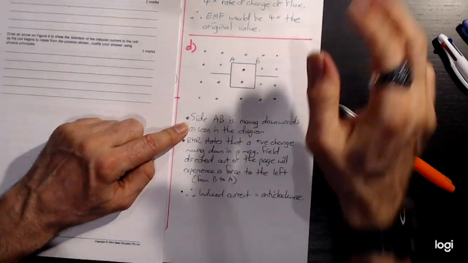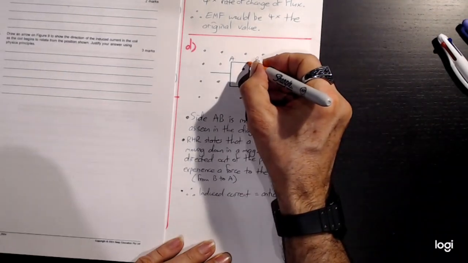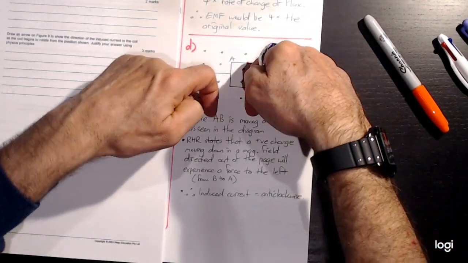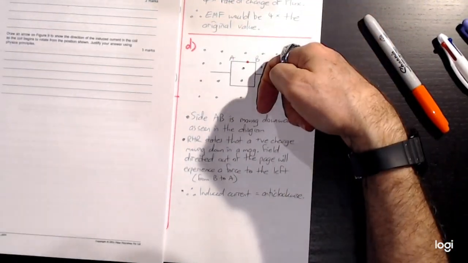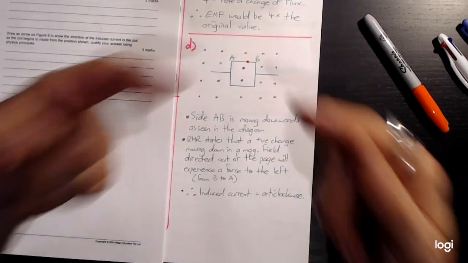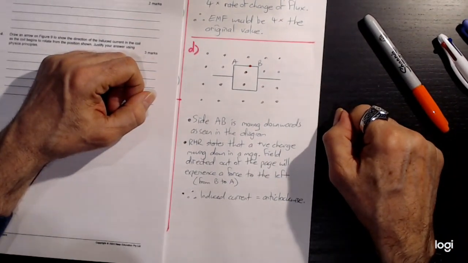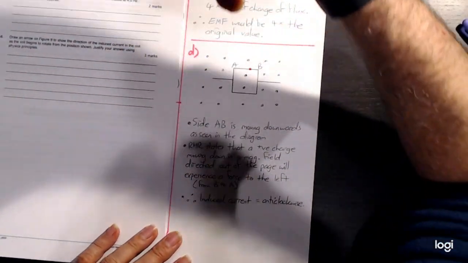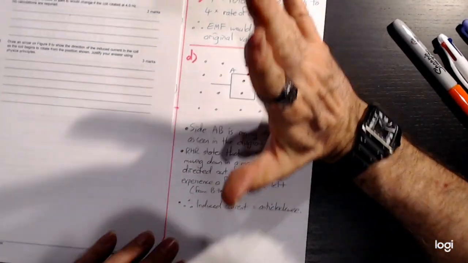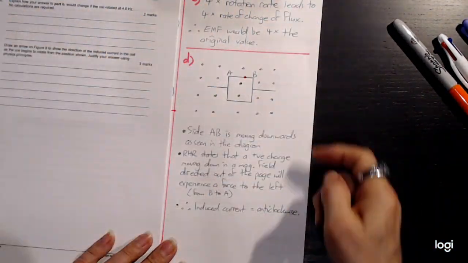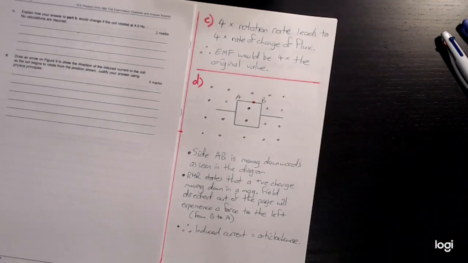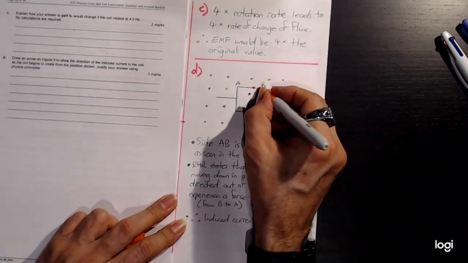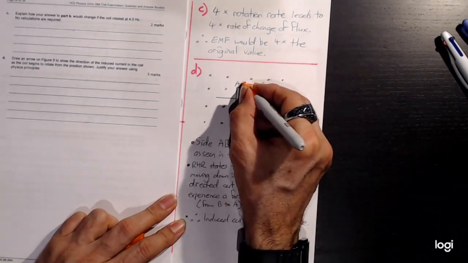Have to make that point. The right-hand rule states that a positive charge stuck in that wire, moving down, remember, down, not into the page, in a magnetic field directed out of the page, will experience a force to the left, in other words, from B to A. So if you put your fingers out of the page and have the thumb moving down, you'll end up getting your palm going that way, from B to A. And so that will induce a current anti-clockwise, because everything along here is going to go that way.